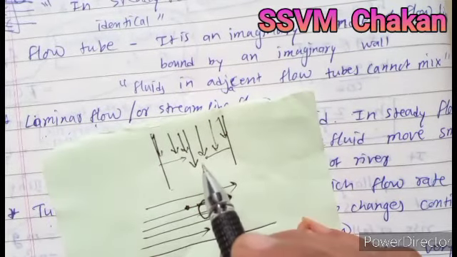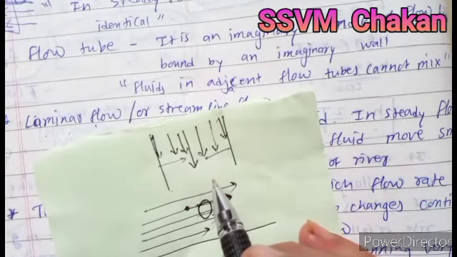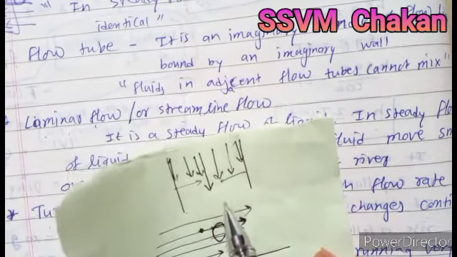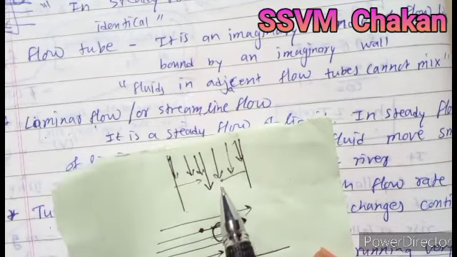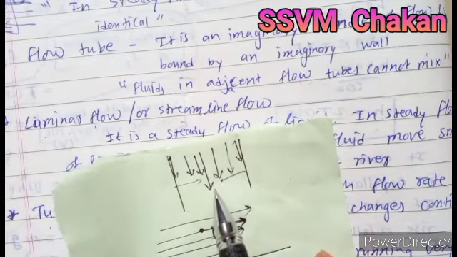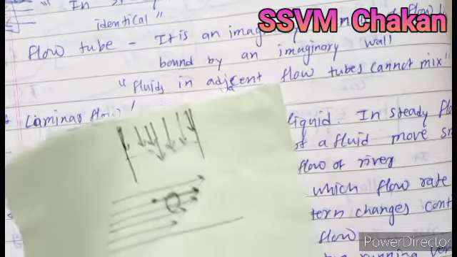But each layer moves with constant velocity, and the velocity of each layer does not change as time passes. So this type of flow is called streamline flow or laminar flow.